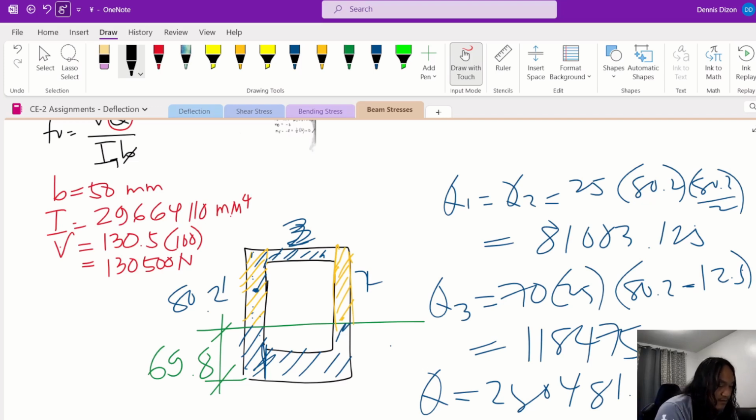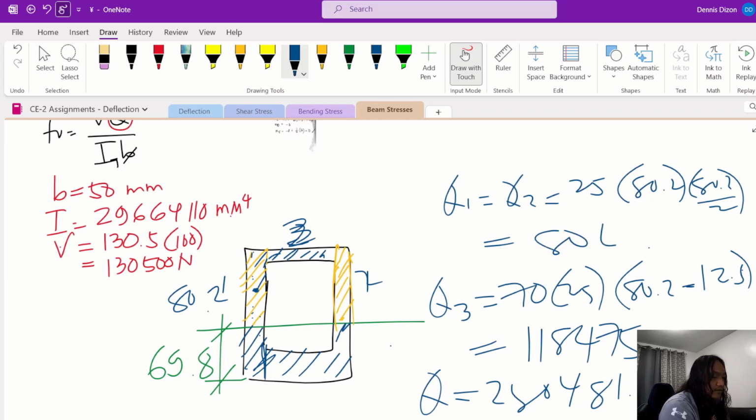Well, it's not the same. 25 times 80.2 plus 80.2 times 0.5. This is 80,400.5.